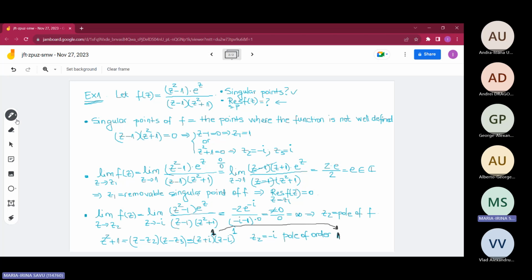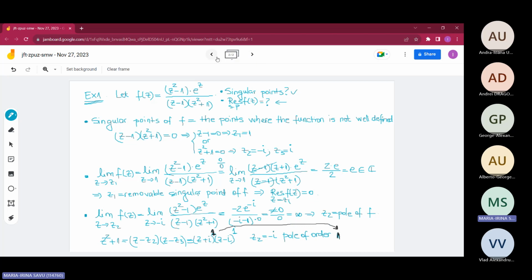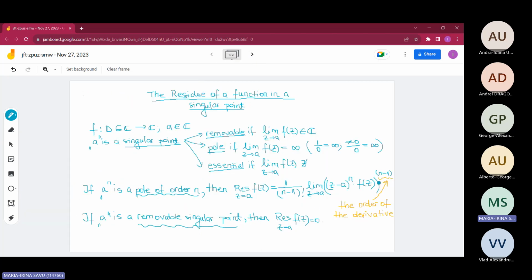And if you want to compute the residue of the function f in point minus i, you have to use this formula with n equals 1 and a equals z2. So I'm going to write again this formula, but I will replace n by 1.